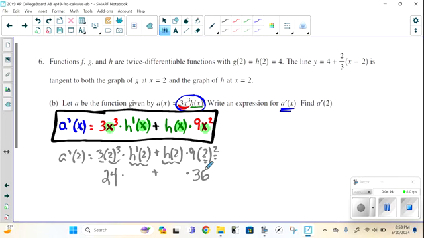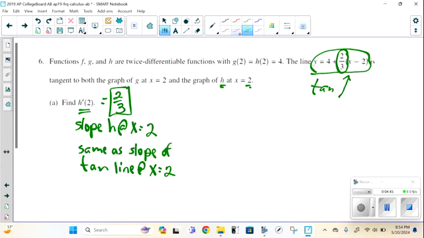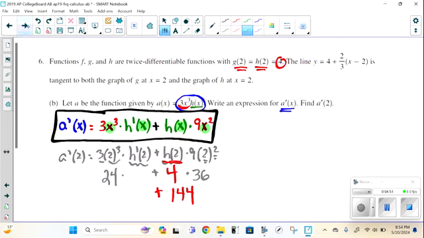All right, let's start with h of 2. h of 2 is the same thing as g of 2. It's the number 4. So plus 4 times 36 is 144. h prime of 2. That sounds familiar. Oh wait, it was that easy first problem. That's 2/3. We already did that.